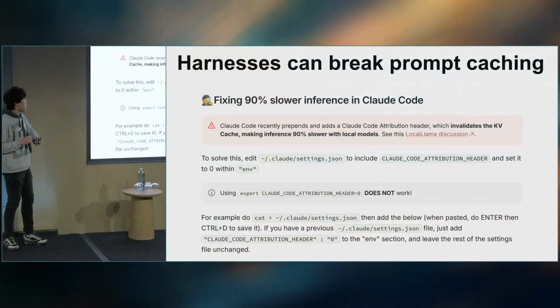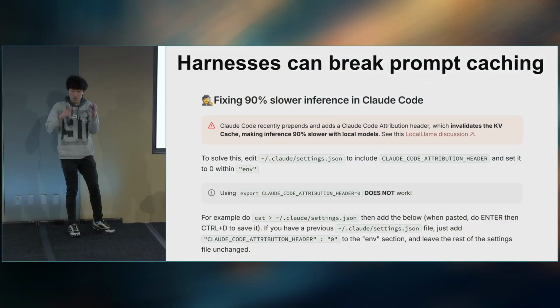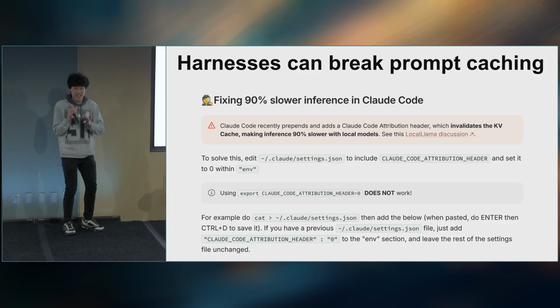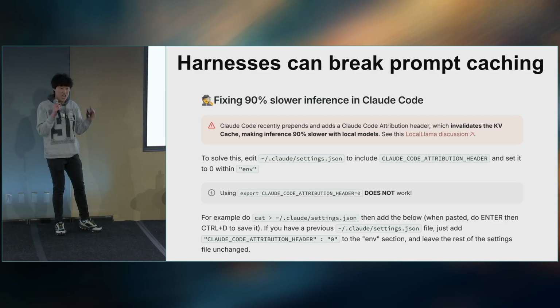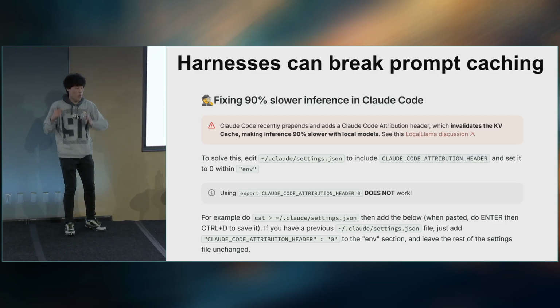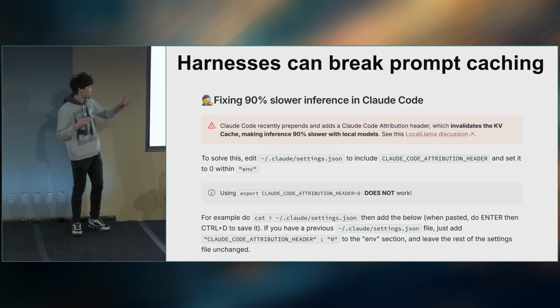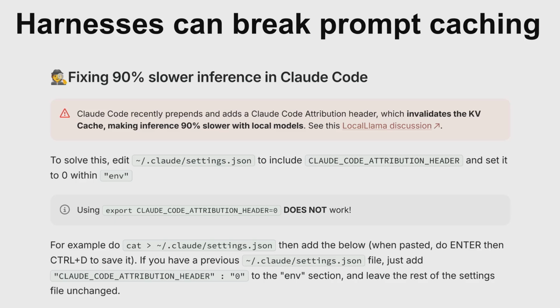This was also interesting. If you use Claude Code with open source models, please be careful of setting the correct parameters. Claude Code does something special where it injects a system message which changes over time. So every single time you reload your coding environment using Claude Code with open source models, it will actually invalidate the entire prompt.